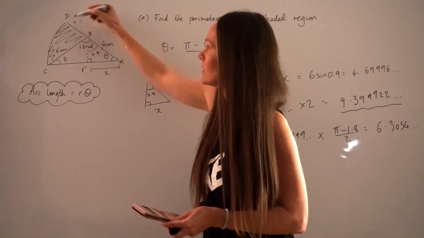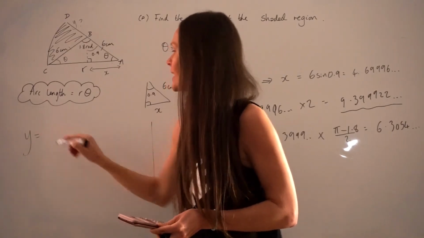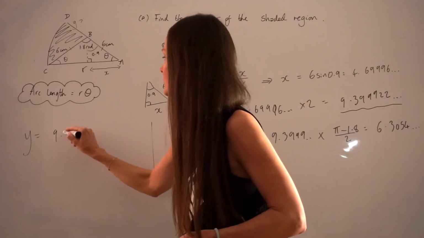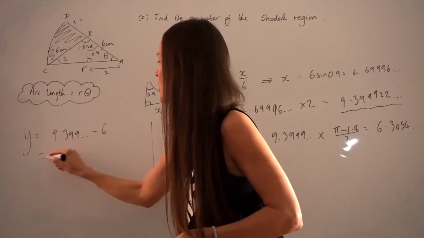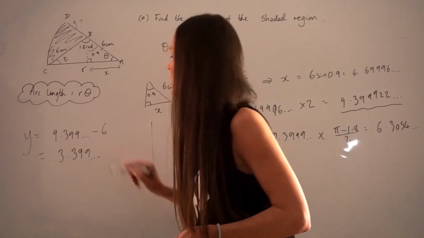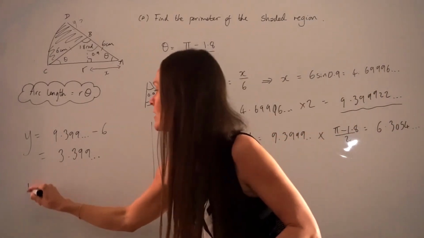Let's call it y. So to work out the value of y, you would take the radius, 9.399 and so on, and subtract 6. Okay, so when you do that, you get 3.399 and so on.